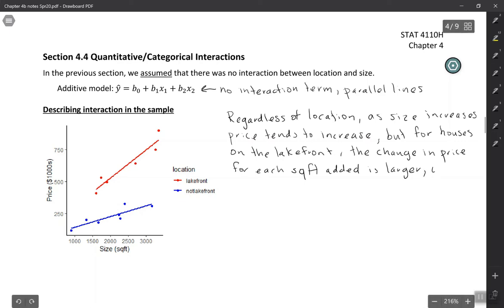And we should say on average because this is a slope interpretation. Okay, so that's a way that we could describe the interaction in terms of the size effect, right? Basically, discussing in context how the slopes of those two lines are different.